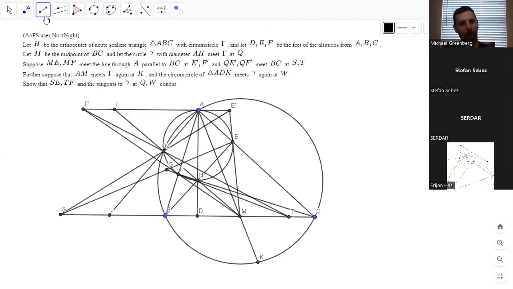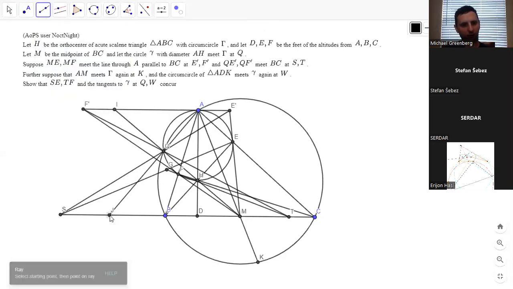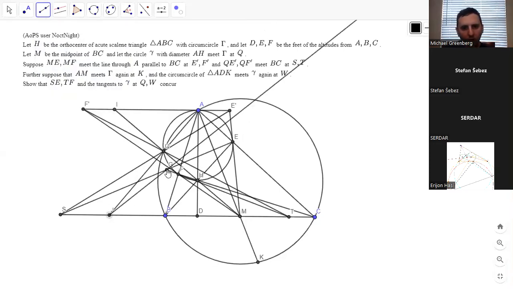Maybe it passes through a special point. Let's see, JG. Maybe the midpoint of AH, like the center of the circle. Yeah, it looks like it.